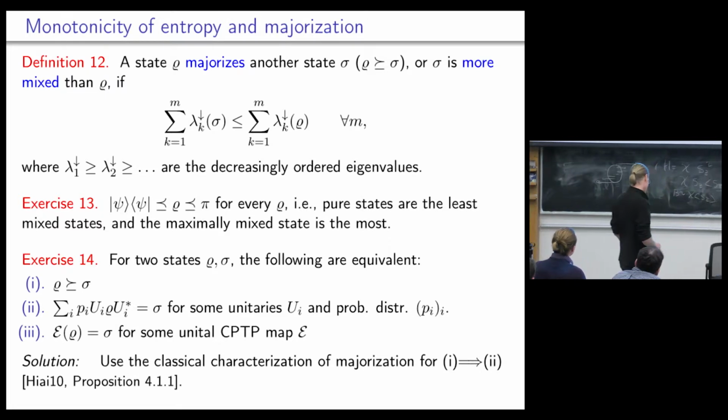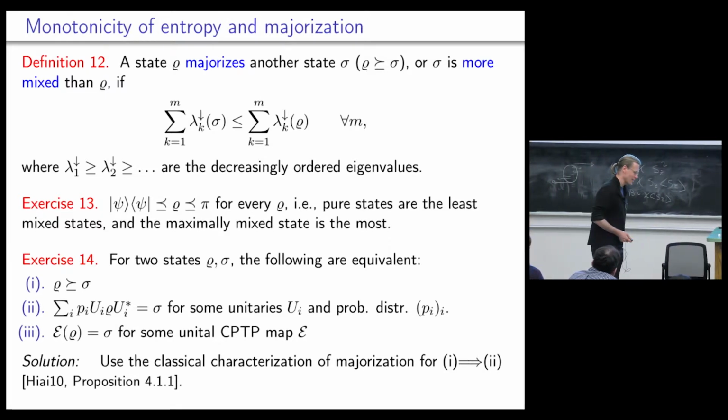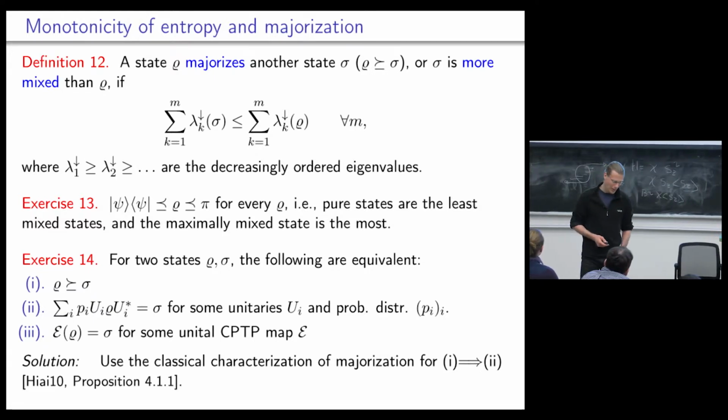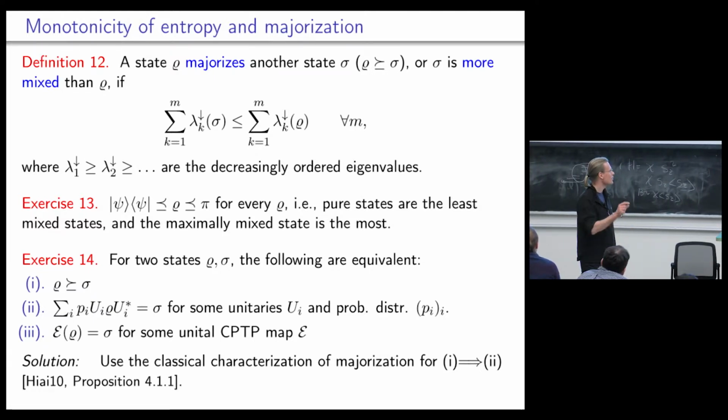There's a classic result called the Birkhoff-von Neumann theorem, which says that the extremal points of classical unital trace-preserving channels are exactly the permutations. So every unital channel can be decomposed as a convex combination of permutations. And this is not true in the quantum case. It is not true that every unital completely positive trace-preserving map can be decomposed as a convex combination of unitary conjugations.